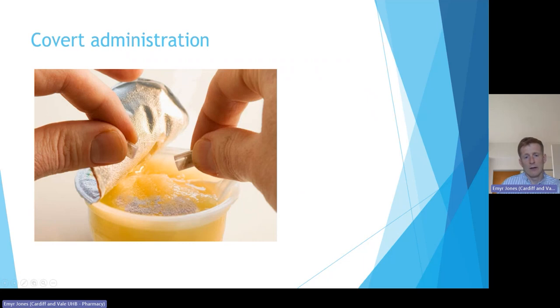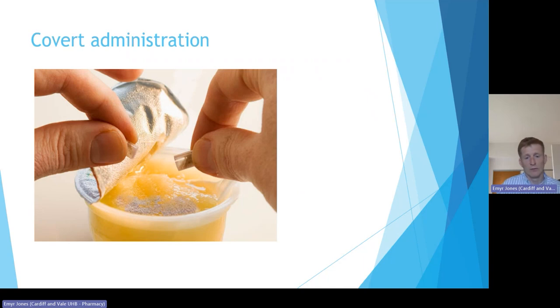And finally, a little bit about covert administration. The care home should have a process in place for the covert administration of medicines. That's to protect the resident receiving the medicines, but also to protect the care home staff involved in the administration process.